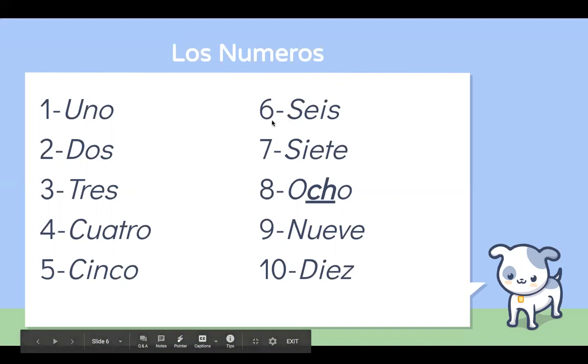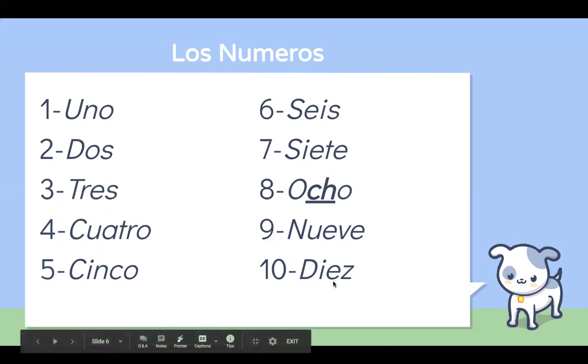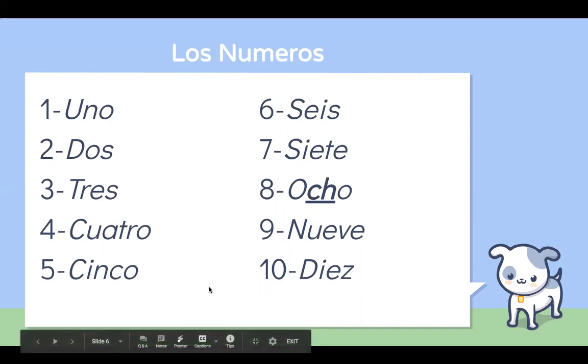Seis, that's 6. 7 is siete. Ocho is 8. Nueve is 9. And diez is 10.